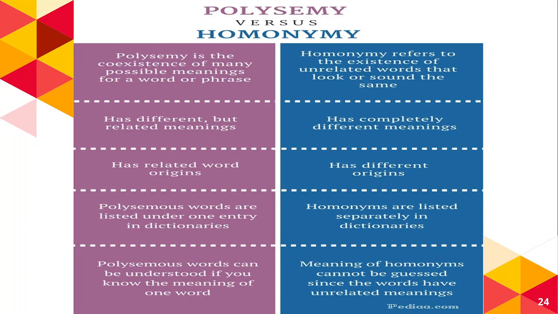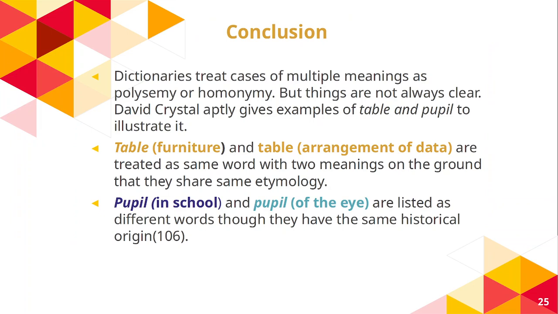Polysemous words are listed under one entry in a dictionary, while homonyms are listed separately in a dictionary. Polysemous words can be understood if you know the meaning of one word, but the meaning of homonyms cannot be guessed since the words have unrelated meanings.